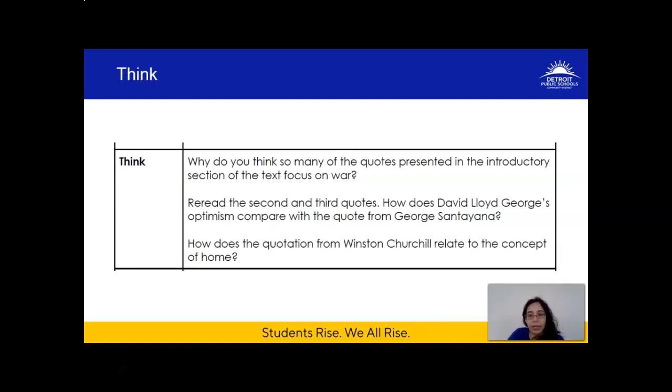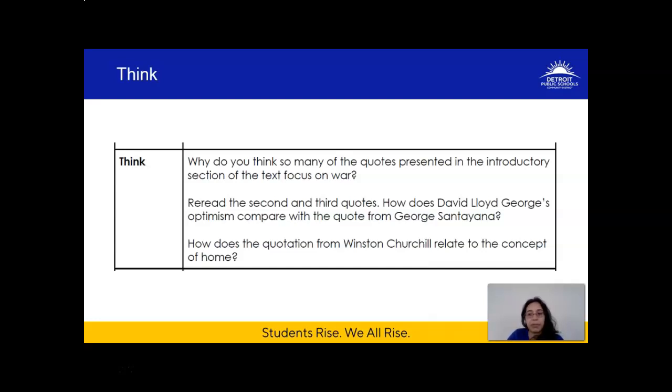Once you've reread those sections, you'll be thinking about 3 questions. First, there are 4 quotes in the Voices of the Period section, and 3 of them focus on war. So why do you think such a high percentage of them have this focus? Then I'd like you to go back and reread the second and third quotes from that first section.